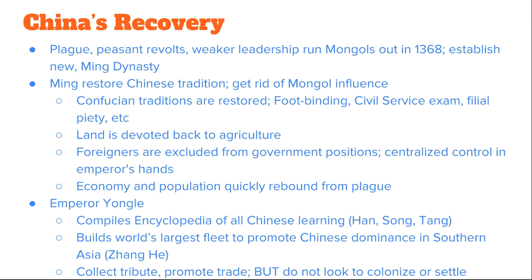Filial piety becomes the cultural norm again. The royal universities reopen. The civil service exam begins being administered again. Foot binding becomes culturally popular among the upper classes. All of those kind of Confucian-based traditional things. Patriarchy firmly reestablishes itself.